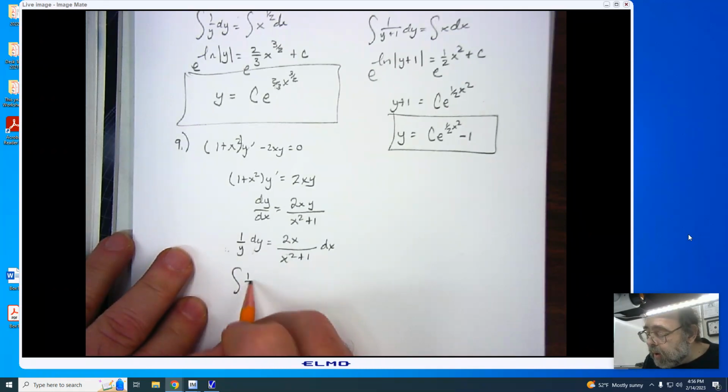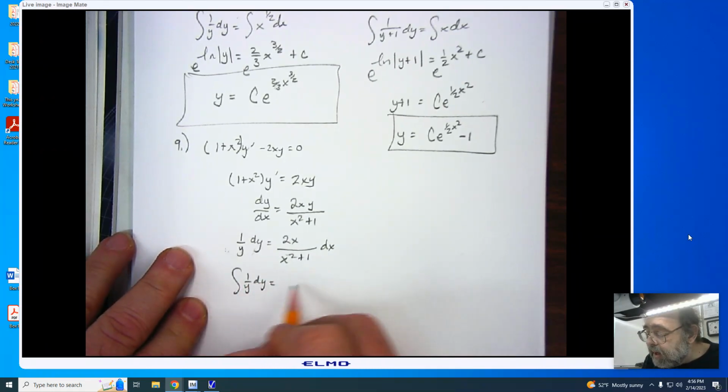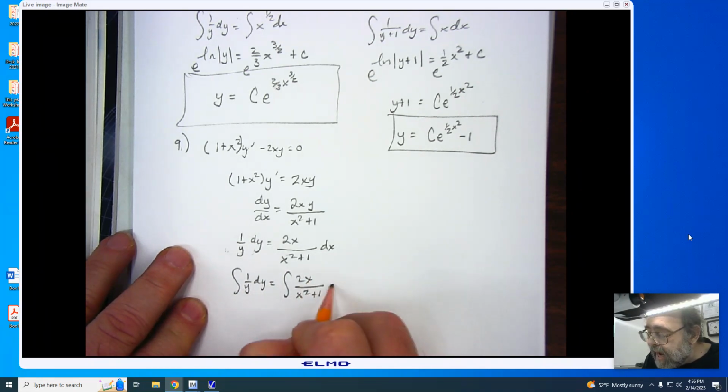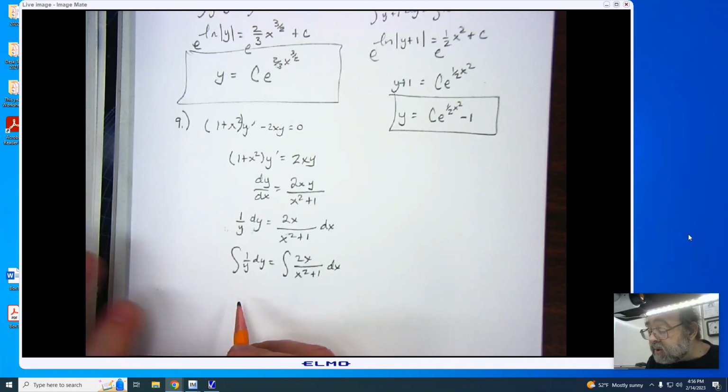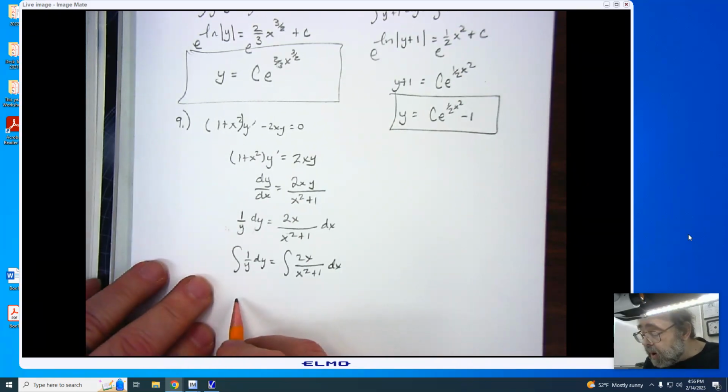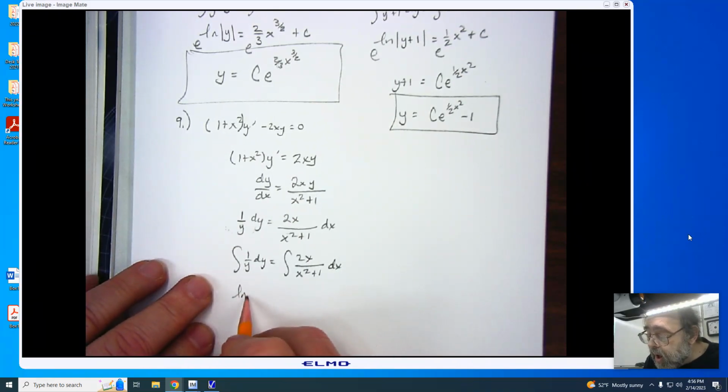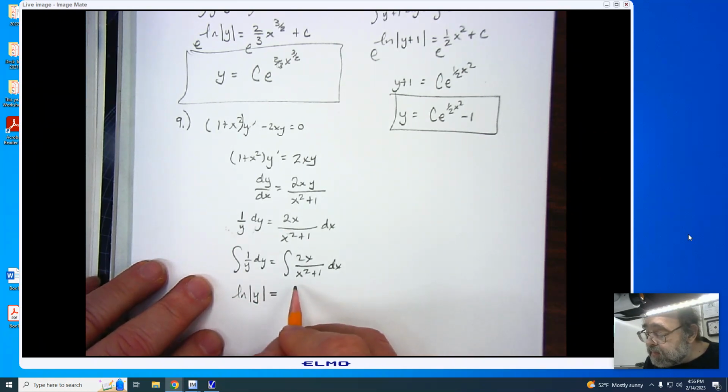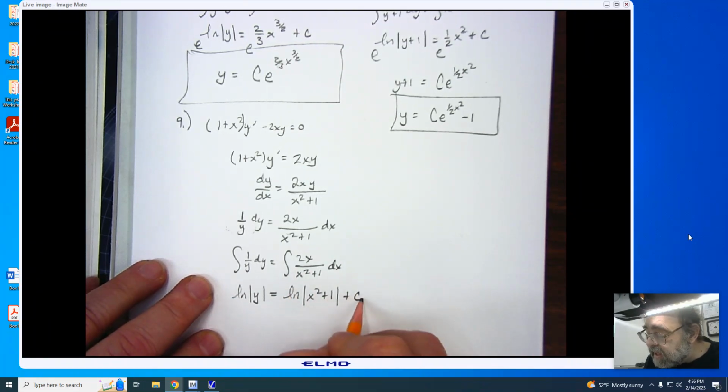We integrate 1 over y dy, giving me the integration of 2x over x squared plus 1 dx. This is a direct u substitution, so I do have the natural log of the absolute value of y equaling, this is my u sub, the natural log of x squared plus 1 plus c.